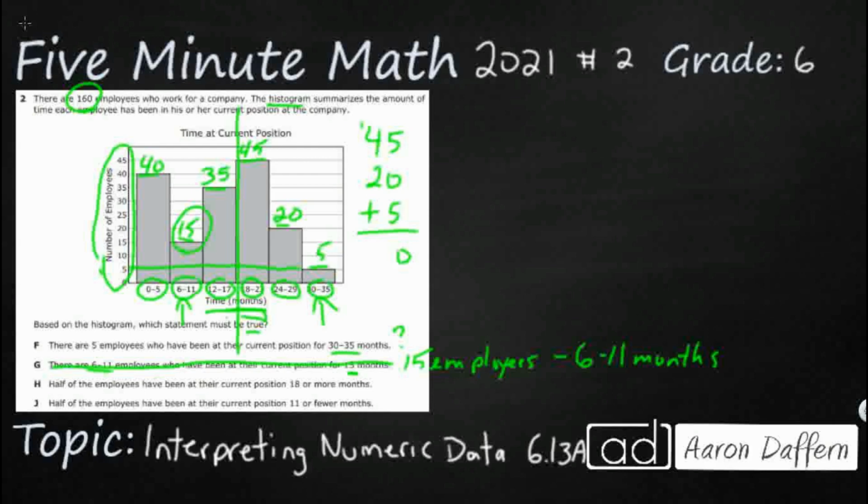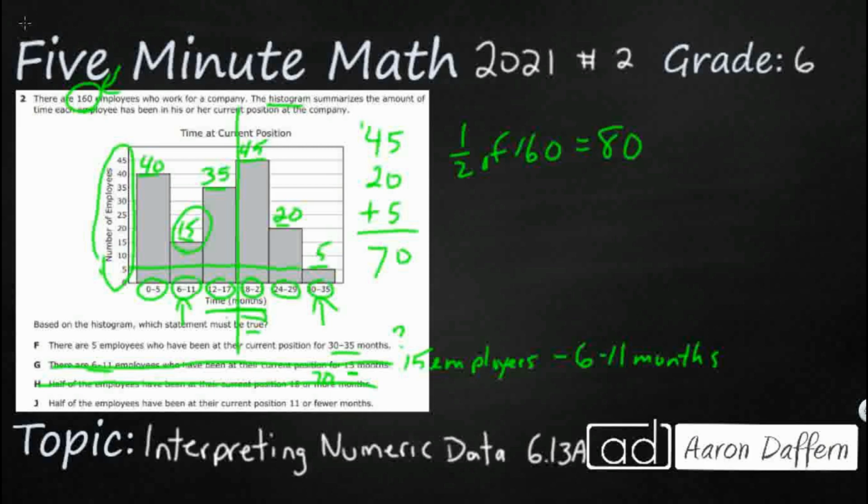That is 5, 6, 7. So 70 have been at 18 or more. Remember, our total, we could add all of them up, but they already gave us this 160 over here. So half of 160, most of you can do that in your head. That's going to equal 80. So I need 80, not 70. So that is going to be incorrect.